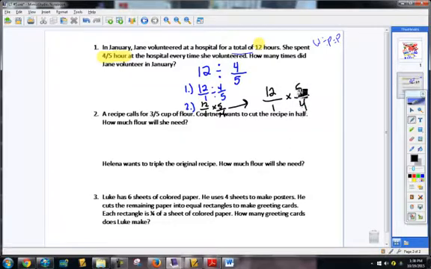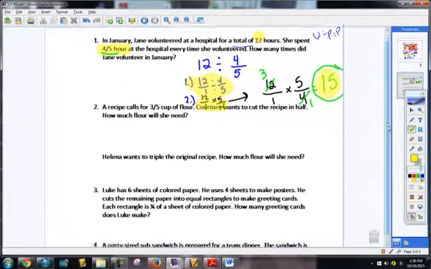Okay, 5 and 1, nothing I can cross simplify with. 4 and 12, they both share a 4. So I know that she must have volunteered 15 times. Okay, again, work is required: showing the step of turning them into fraction form, then showing the algorithm, and then getting your answer.